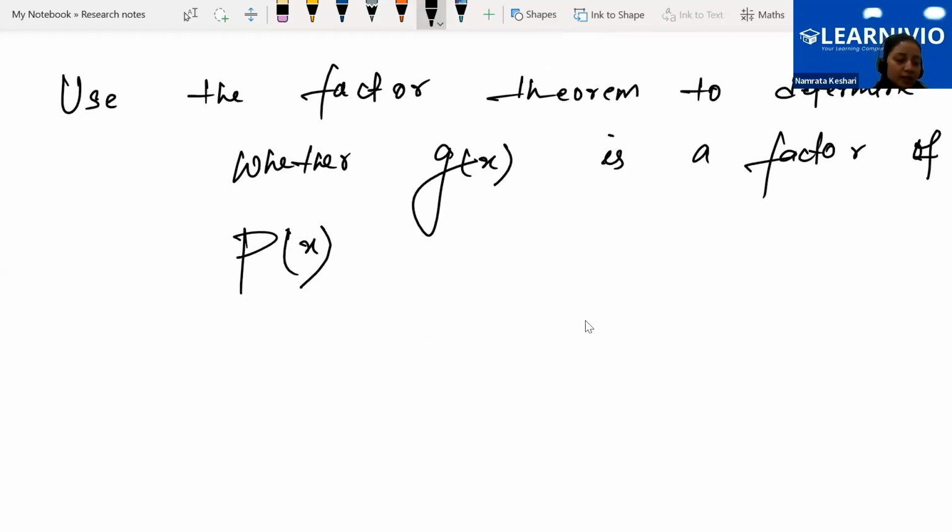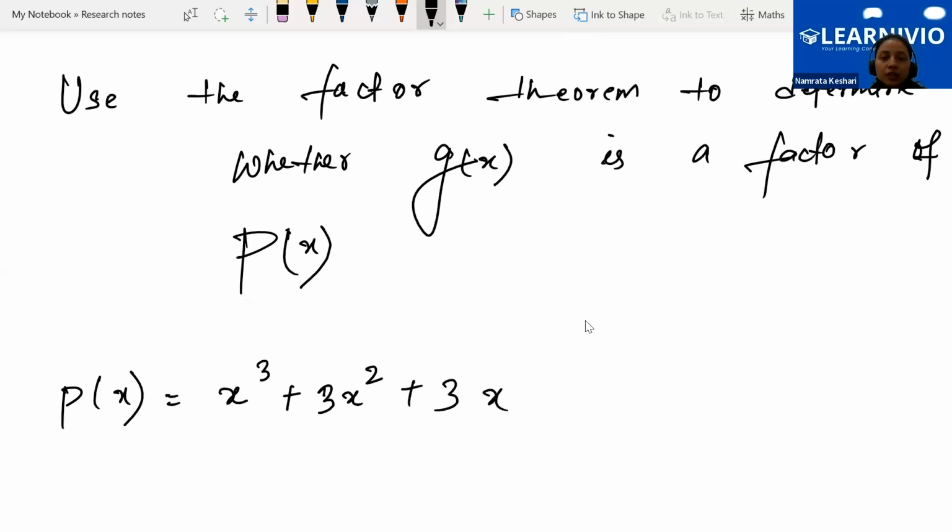So the question will be like this. p(x) is given as 3x squared plus 3x plus 1, and g(x) is given as something, and we have to check whether it's a factor or not.